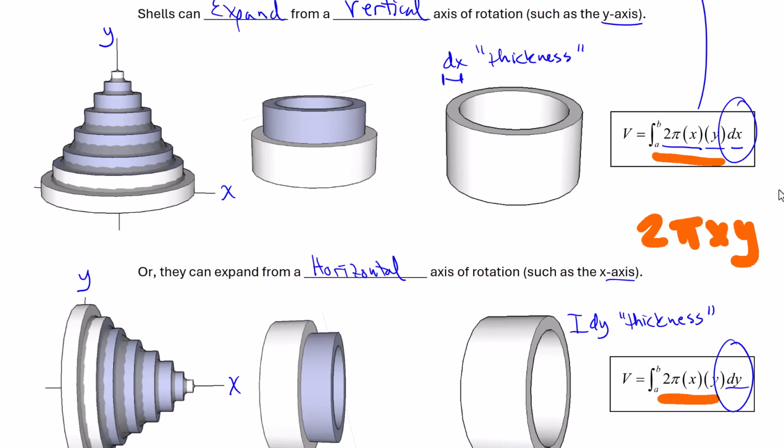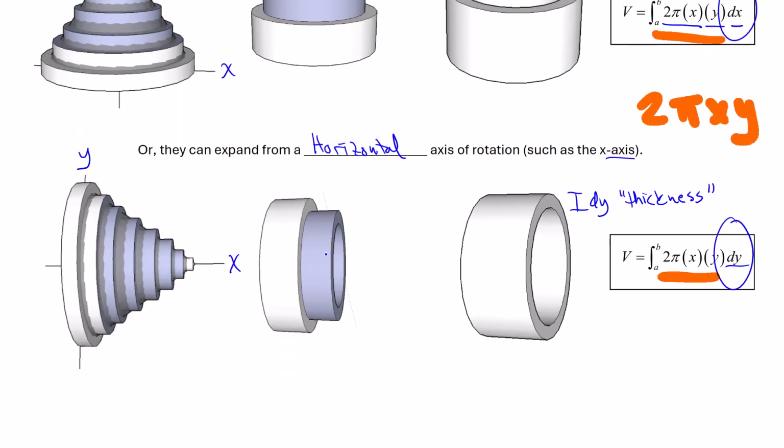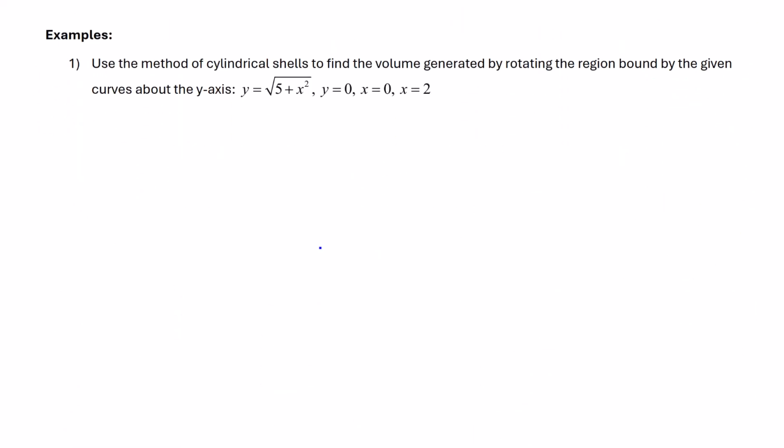2 pi xy. Now, let's see some examples of how this actually works so that we can use the calculus we already know in order to find these volumes for the solids provided. Our first example says the following. Use the method of cylindrical shells. Okay, so this time they're actually just straight up telling us what to use here.